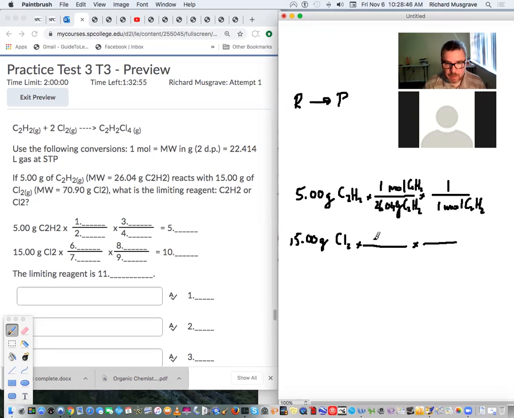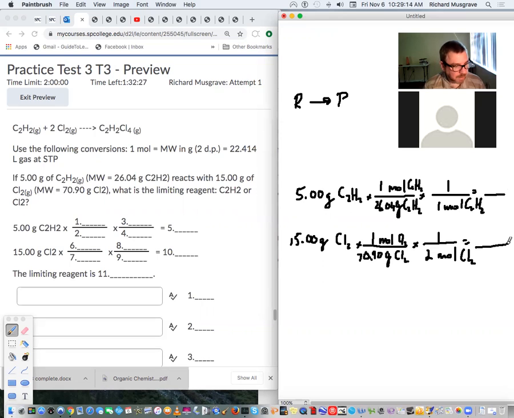So we do exactly the same thing with the Cl2. Moles of Cl2, grams of Cl2, 1 mole and 70.90 grams, times 1 over 2 moles of Cl2. So what this will do is it will provide us with two numbers.